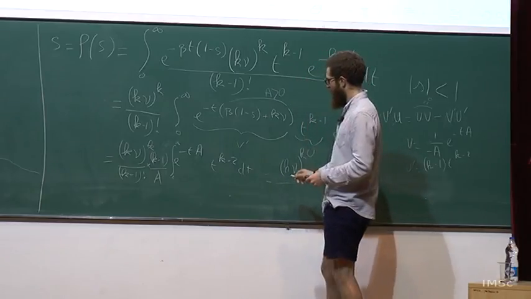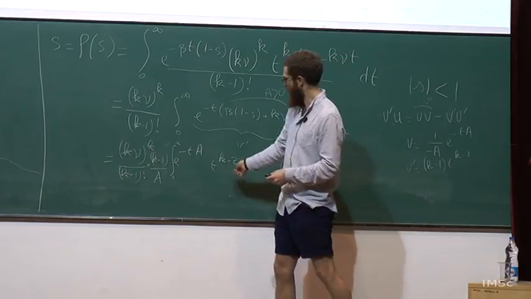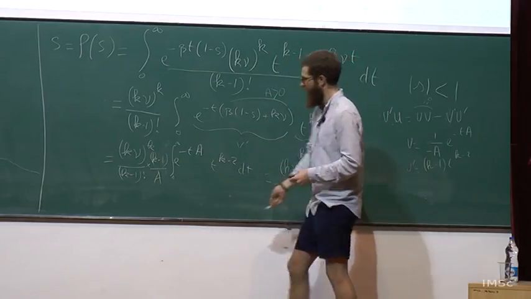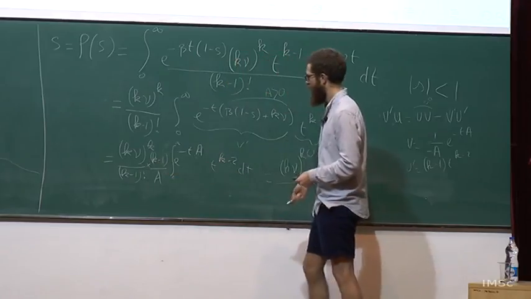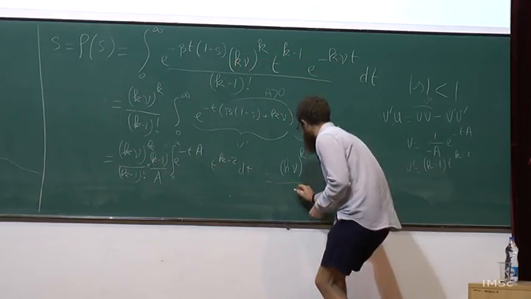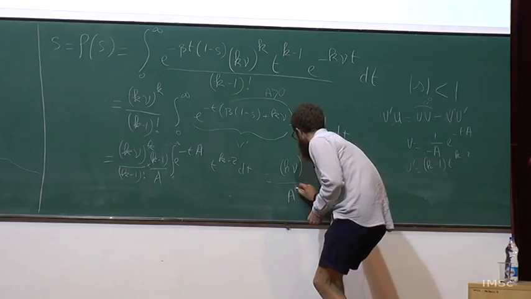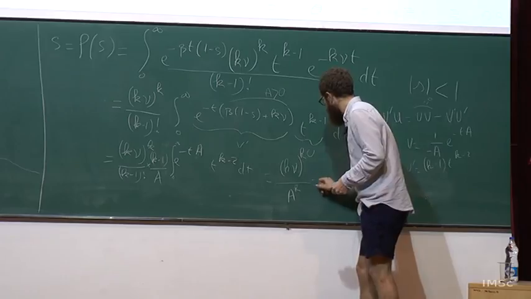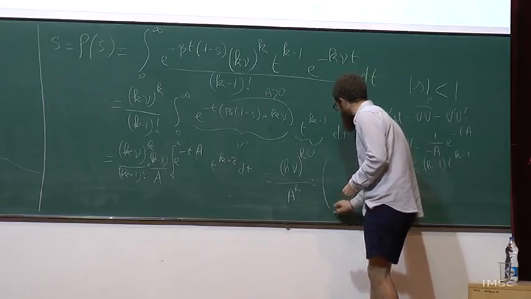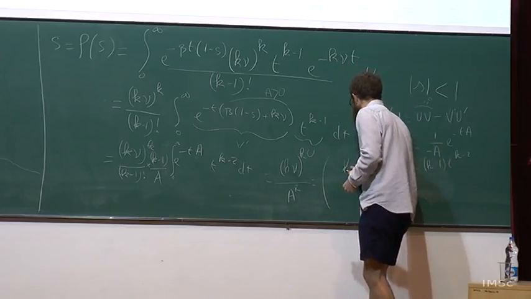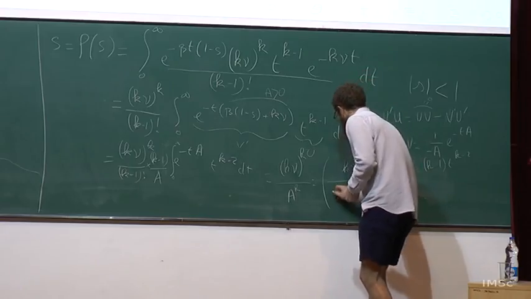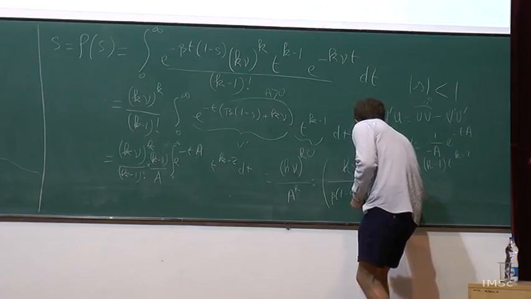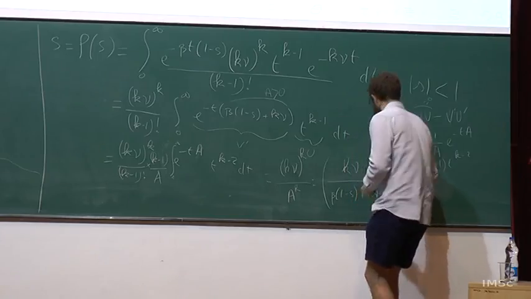And what you have on the bottom, because you're going to make this exit k minus 1 times, this is going to cancel the factorial here, and here you're going to obtain R to the power k also. And so the final expression for f of s is equal to k mu over beta 1 minus s plus k mu, to the power k.